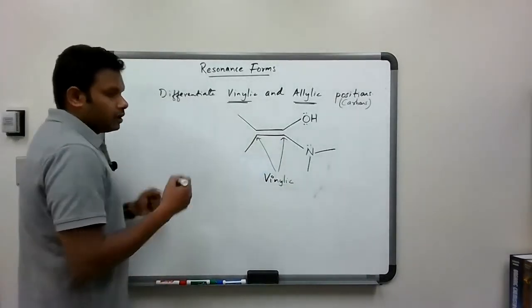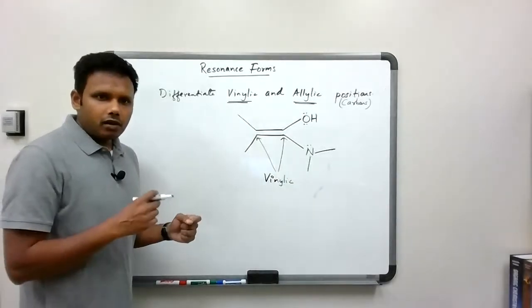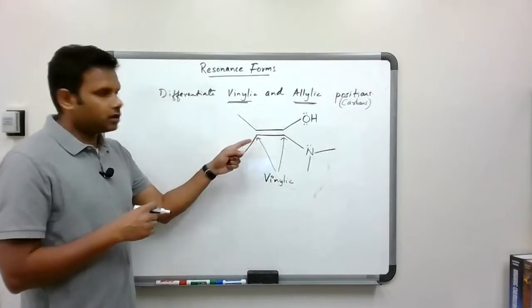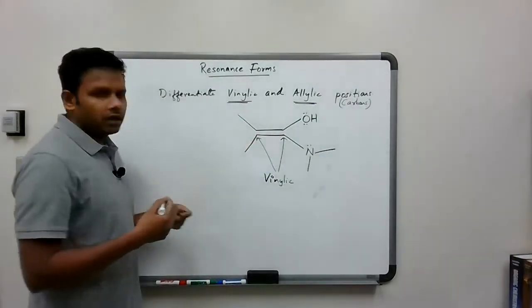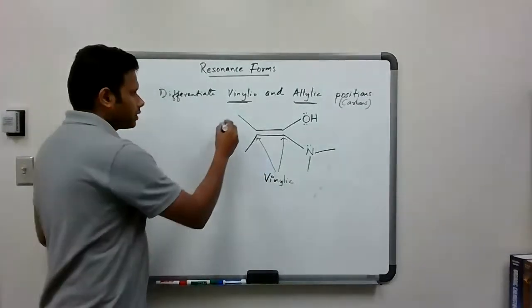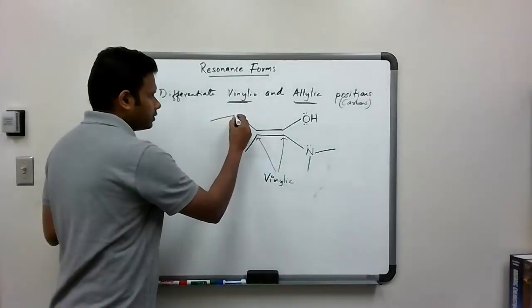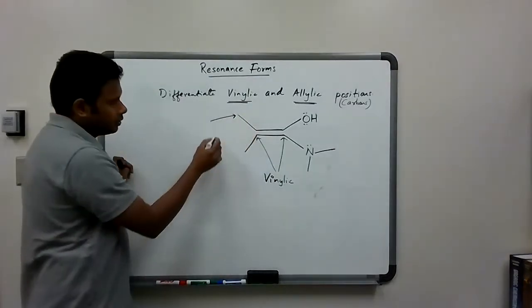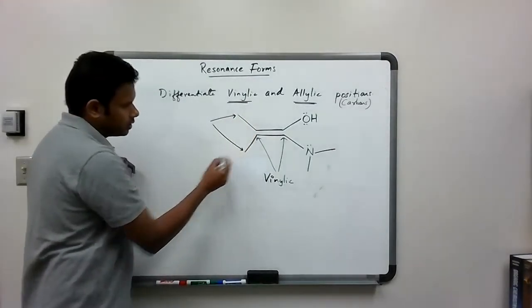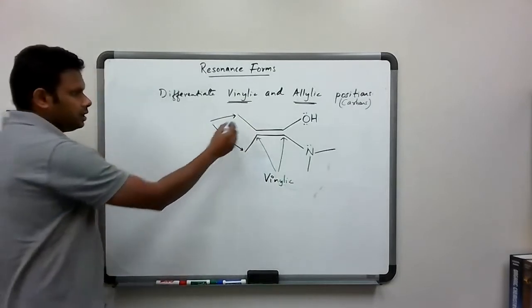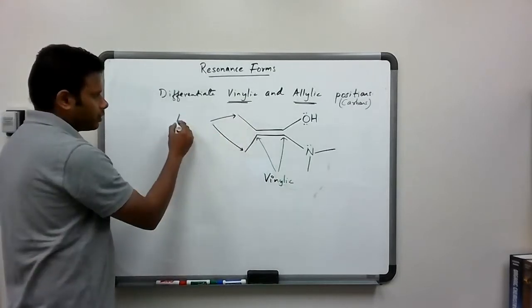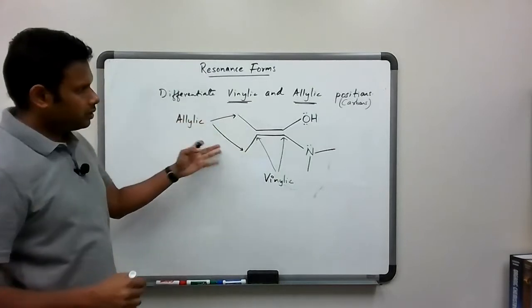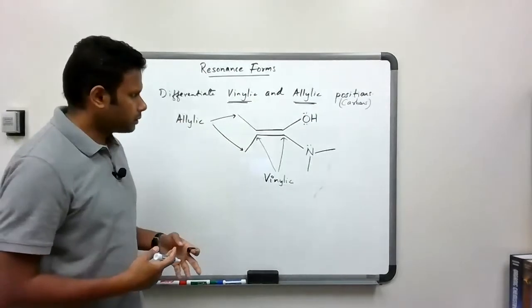Any position or any carbon that's connected to that vinylic carbon is called an allylic position or an allylic carbon. For example, this carbon here is connected to the vinylic carbon, and so is this carbon. These are both called allylic carbons.